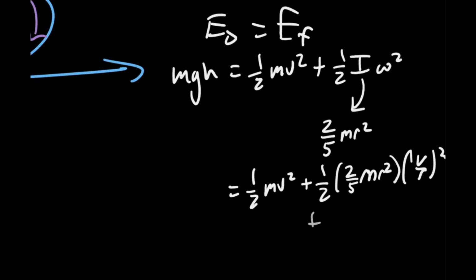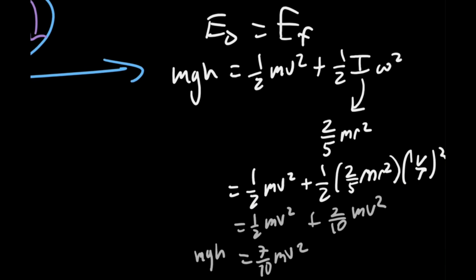We're going to get plus 2/10 mv squared. So we're going to get 1/2 mv squared plus 2/10 mv squared. Obviously, that's just going to be 7/10 mv squared. So mgh is equal to 7/10 mv squared. This could also be used to find the velocity, right? We would just cross out m from both sides and then solve for v.